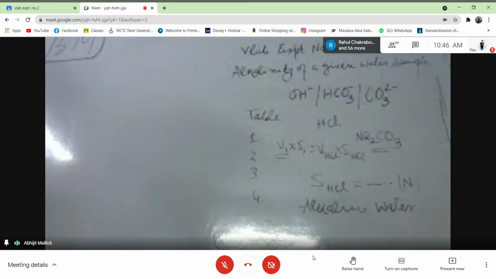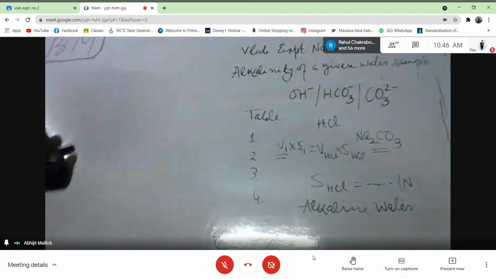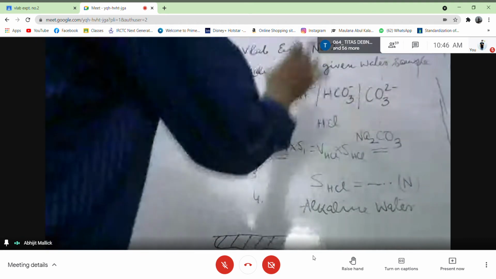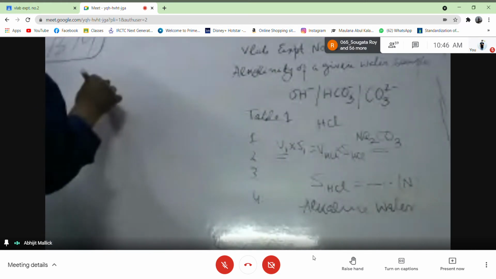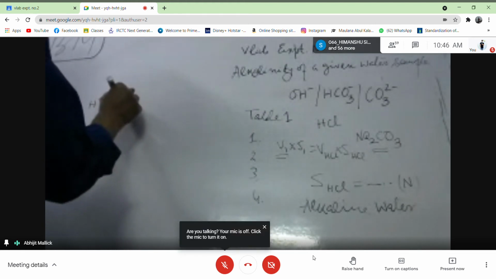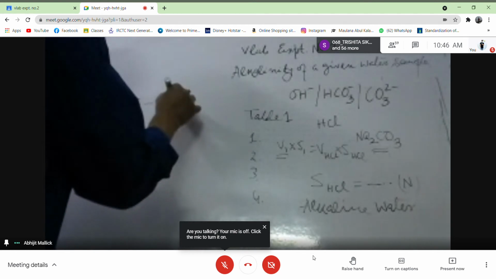So before going to table 2 and table 3, this is our table 1, and we must know about the neutralization reactions. For example, if OH minus is present during titration, this reaction occurs: H plus plus OH minus gives H2O.